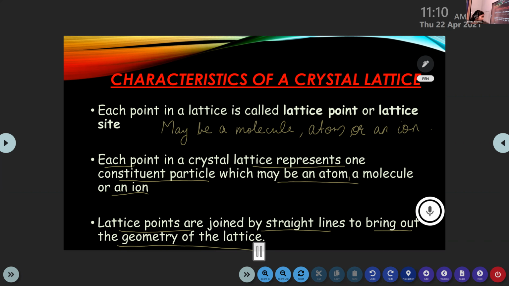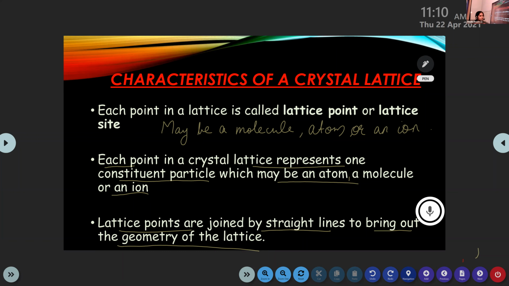And the third, when we join these lattice points through straight lines, it brings out the geometry of the lattice. That means it creates the shape of that lattice. So these 3 are the main characteristics of crystal lattice.